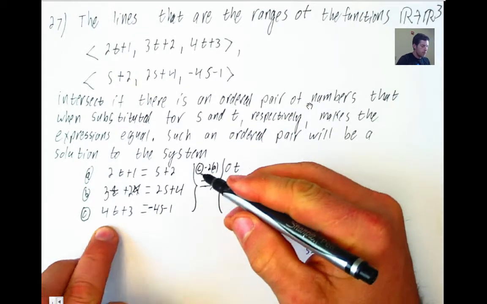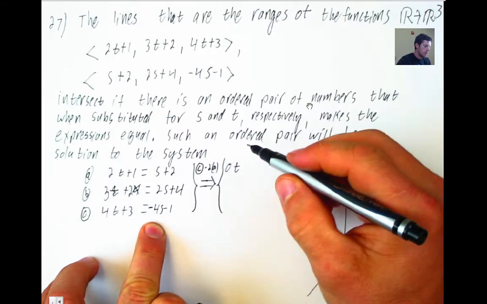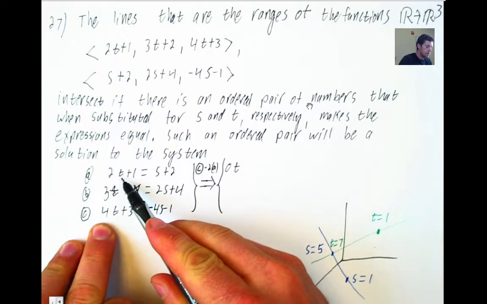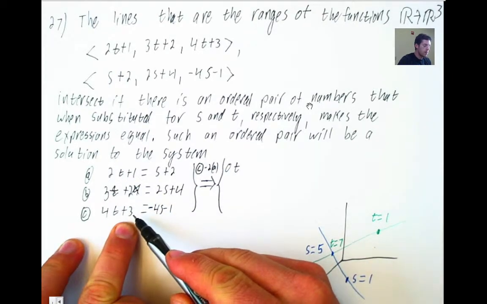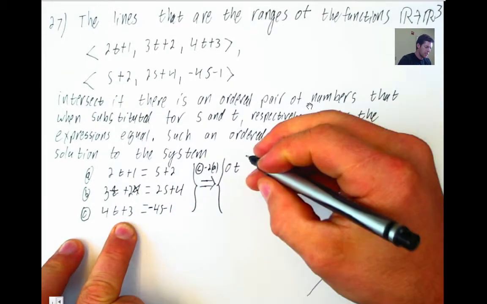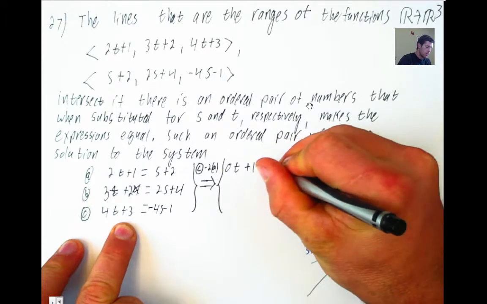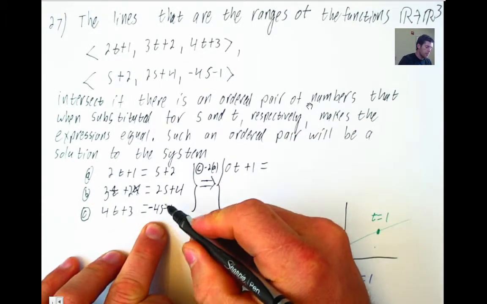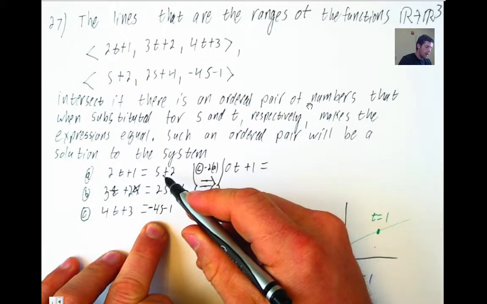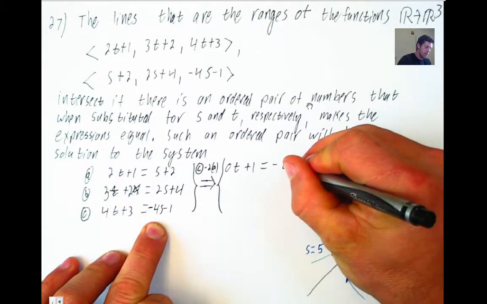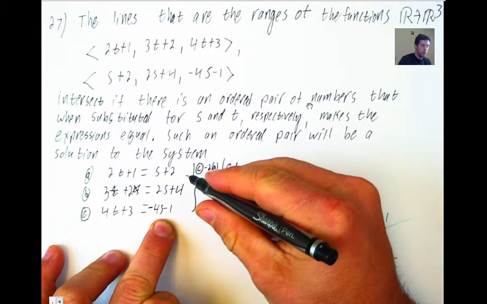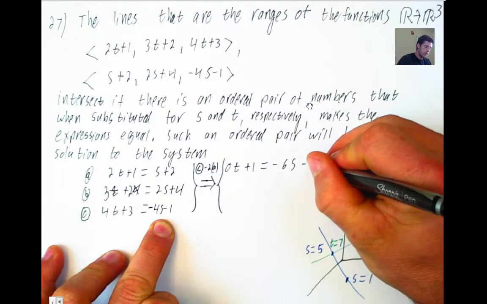So looking at C, 4t plus 3 is equal to, etc. And I take 4t minus 2 times 2t, 3 minus 2 times 1. Let's see, that leaves me with a 1 is equal to, and negative 4 minus 2 times s is negative 6s, while negative 1 minus 2 times 2 is negative 5.